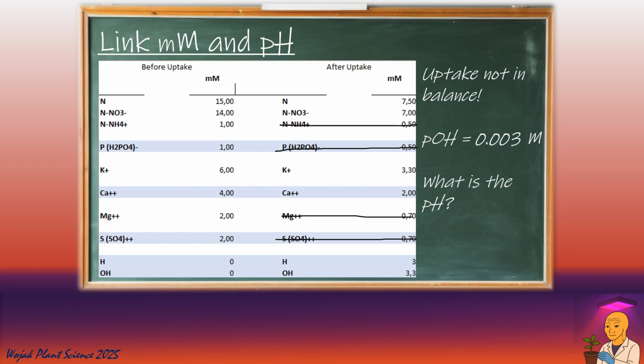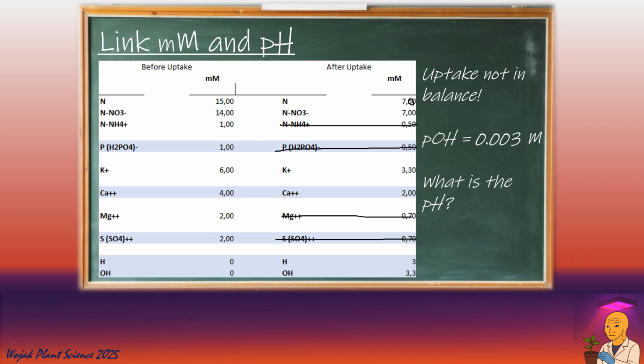We have, this is supposed to be 0 then. So we have 7 of nitrate, and we have 3.3 of potassium, and we have 2 of calcium.